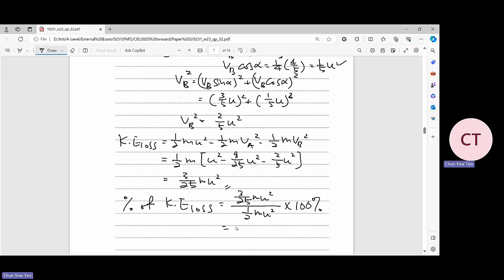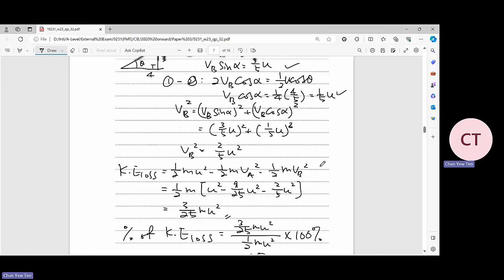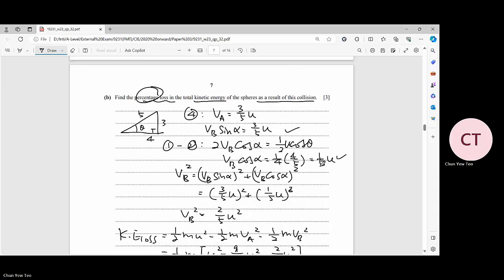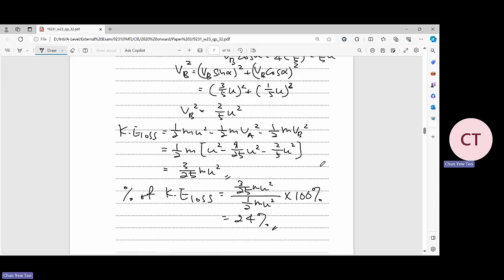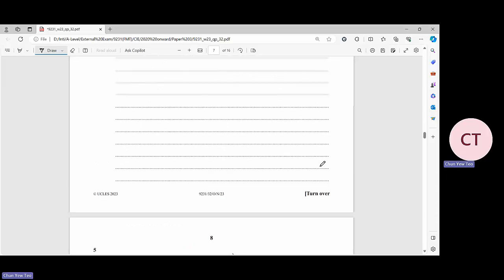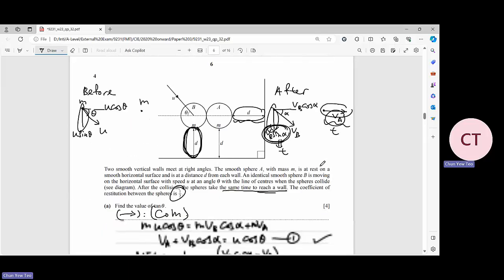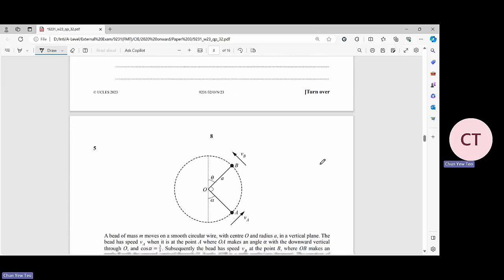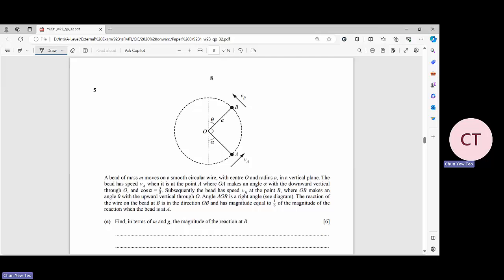So expand, simplify, 24%. So the KE loss is 24%. Okay, done. That will be question number 5. No, sorry, question number 4. Okay, move on. Question number 5.